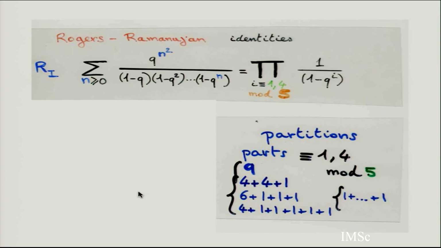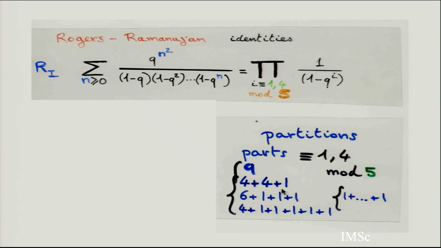So what I did not explain in the class is that there's a nice interpretation of both. The right-hand side, inverse of this product, means, if you look back at the proof, as a product of rectangles, a sequence of rows. If you look back at the proof of this infinite product for the generating function for partitions, then if you restrict the parts equal to 1 and 4 modulo 5, this is exactly partitions.